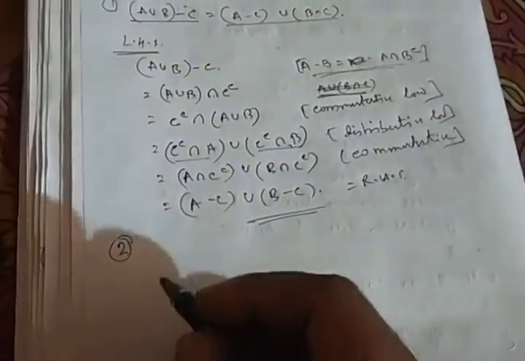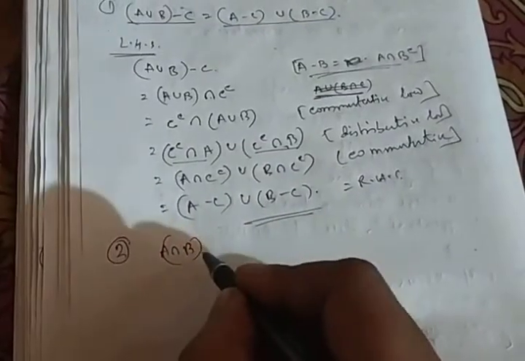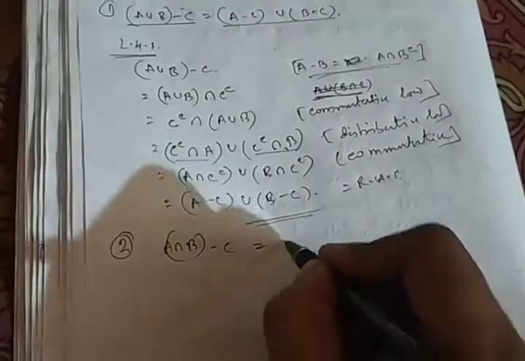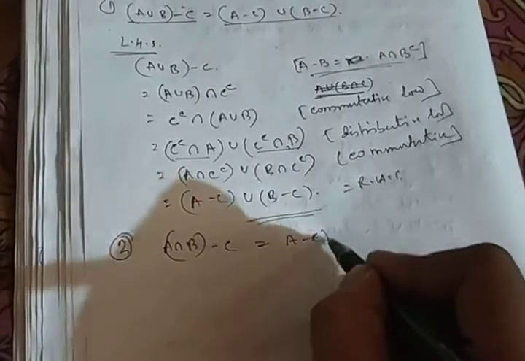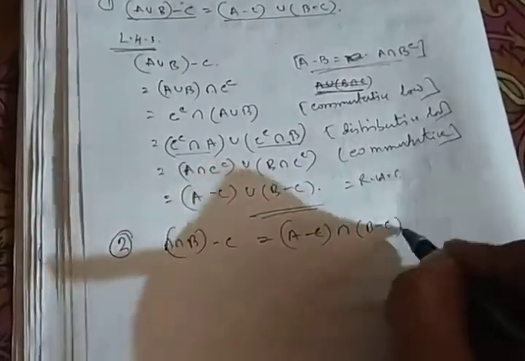Next, (A intersection B) minus C equals (A minus C) intersection (B minus C). We have to show (A intersection B) minus C equals (A minus C) intersection (B minus C).